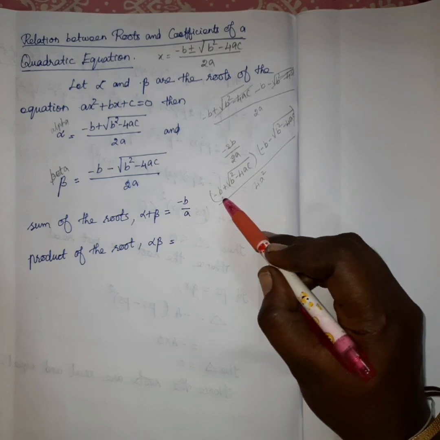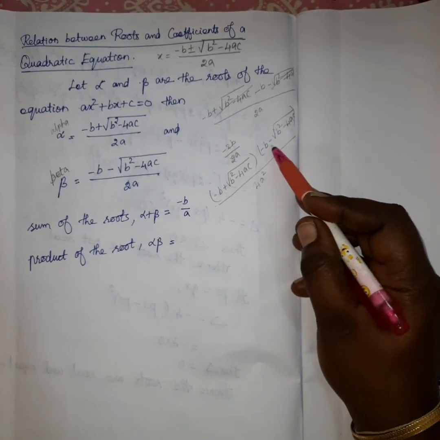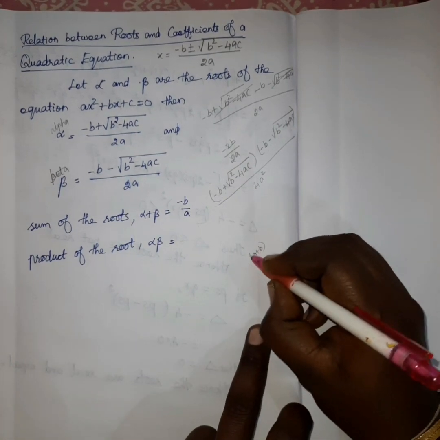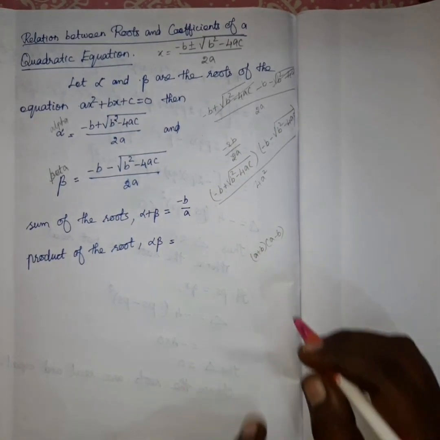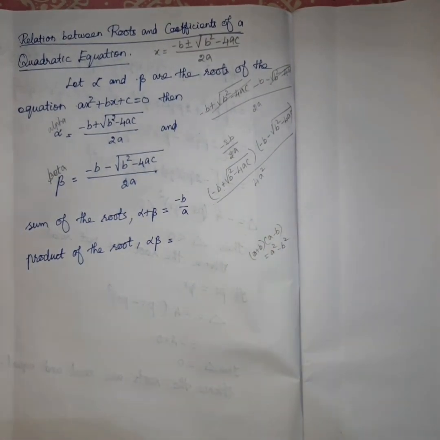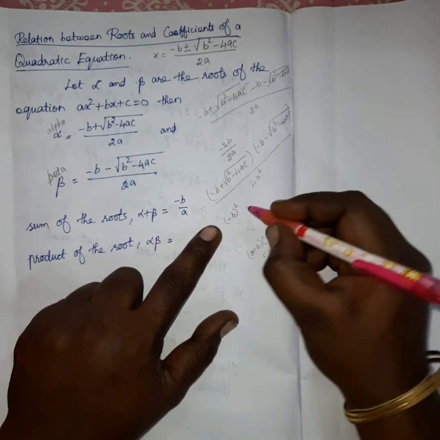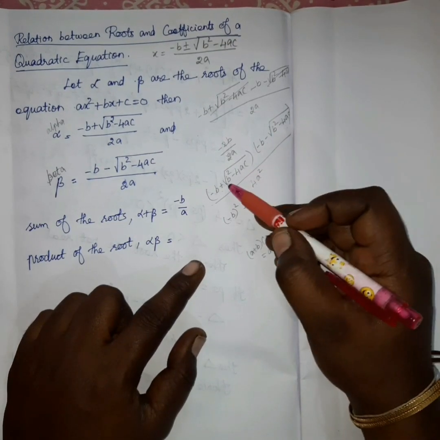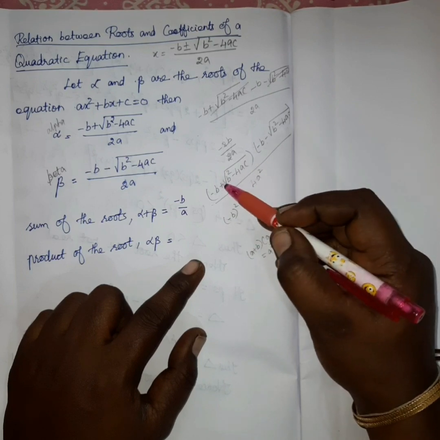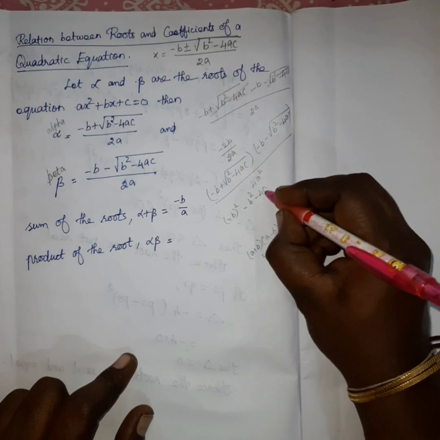First term in both is the same, second term in both is the same, but in between you have plus and minus. That is of the form of the identity a plus b into a minus b. What is a plus b into a minus b? It is a square minus b square. That means first term squared, so minus b the whole square, minus second term squared. Second term means square root of b square minus 4ac the whole square. Square root and square will cancel, so you will get the remaining b square minus 4ac.